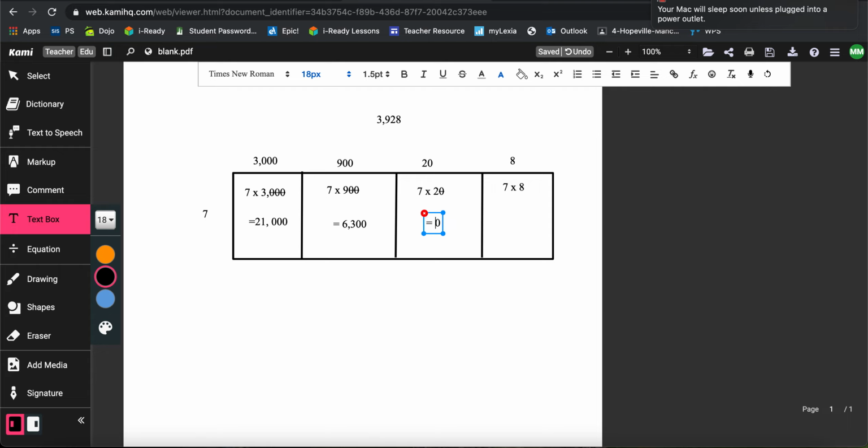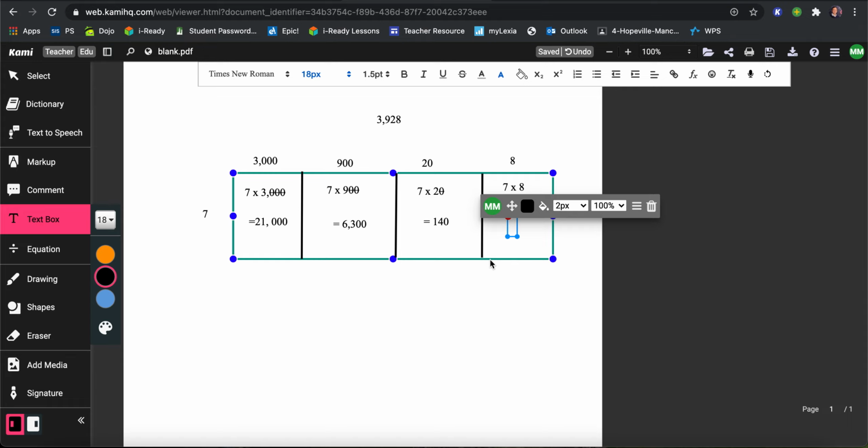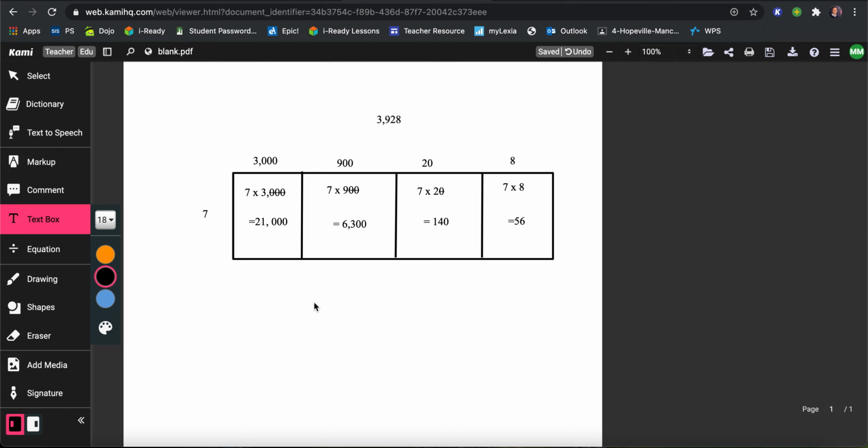And then we have 7 times 2, which all of you are experts on and know is 14, or 140 because we add that extra 0. Then we're just left with the basic math fact of 7 times 8, which is 56. You then take all of these products and add them together.